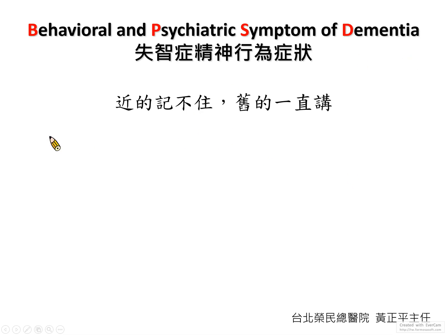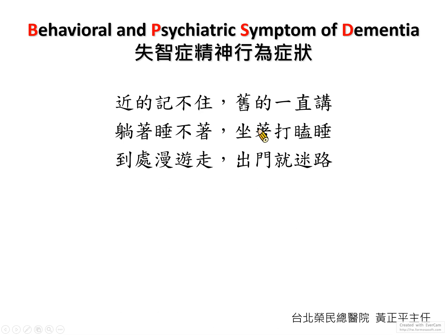So the first thing is that the patients do not have short-term memories and just keep on saying the old things, and cannot sleep, but the sleep pattern is very irregular. They can sleep well just sitting on the sofa, but when you go to the bed, the patient cannot go to sleep, and can wander everywhere and get lost after going out.